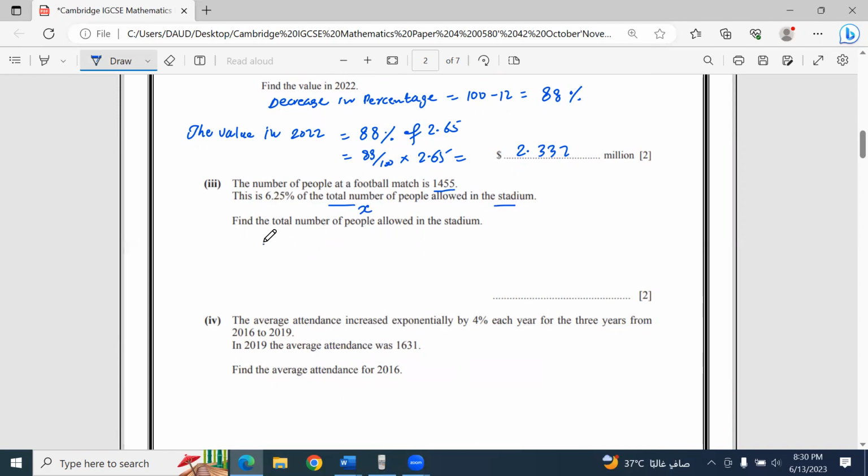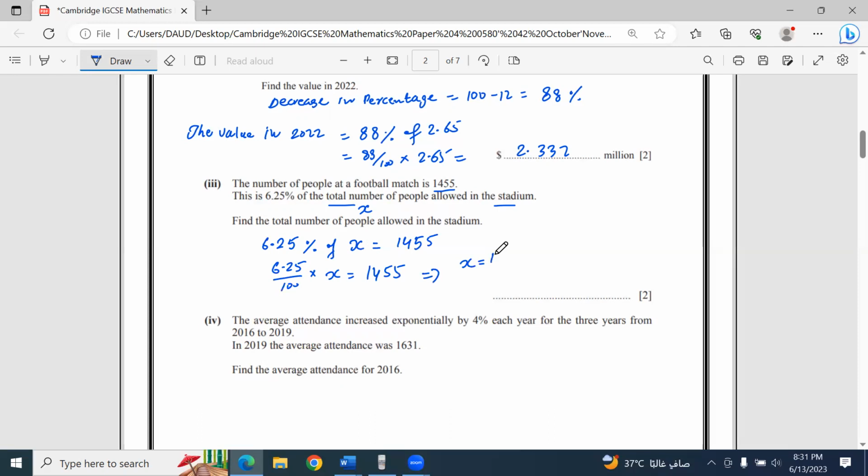So we can form: 6.25% of the total, which we don't know, is equal to 1,455. Here we can say 6.25 over 100 multiplied by x is equal to 1,455.